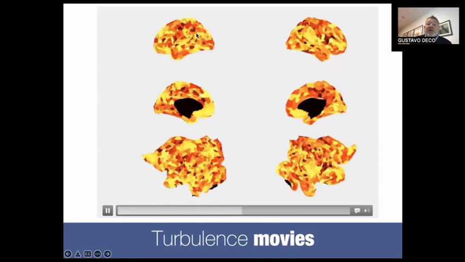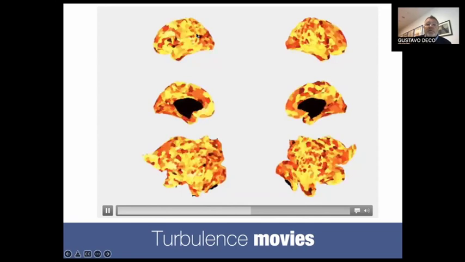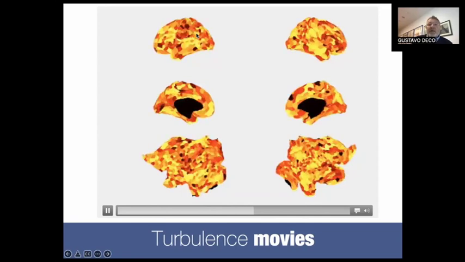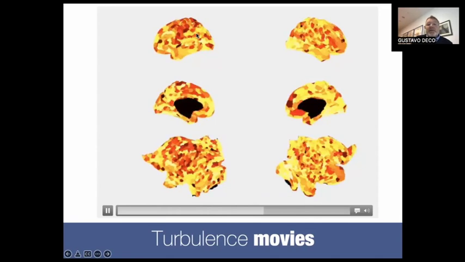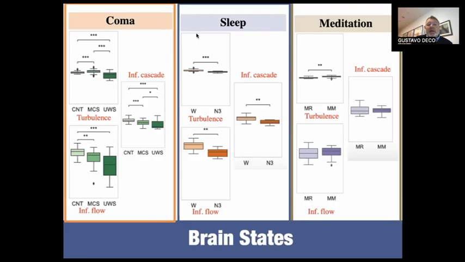So meaning how this generalized concept of metastability is very high.